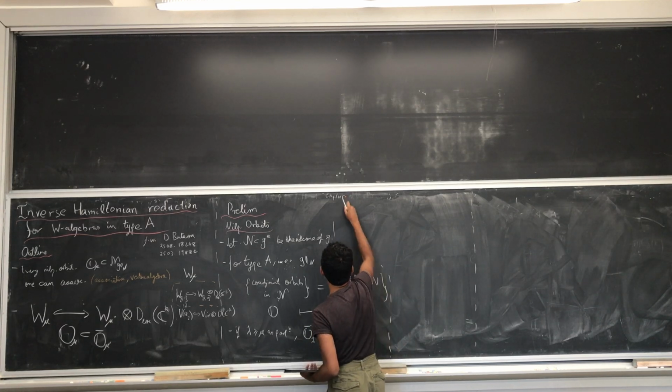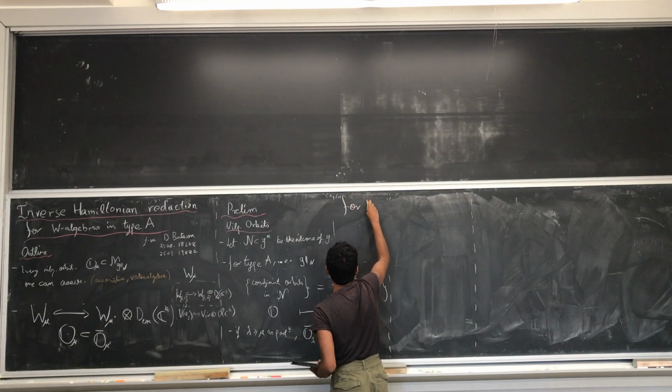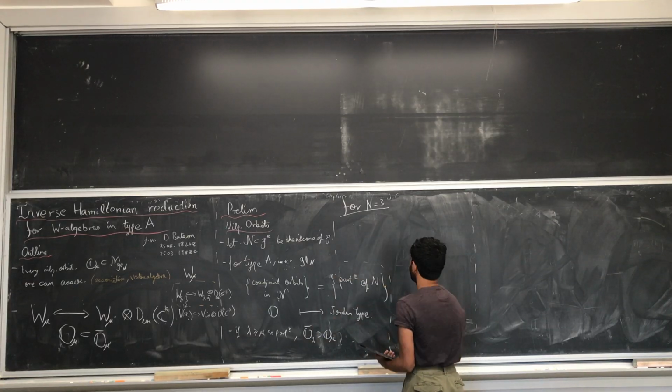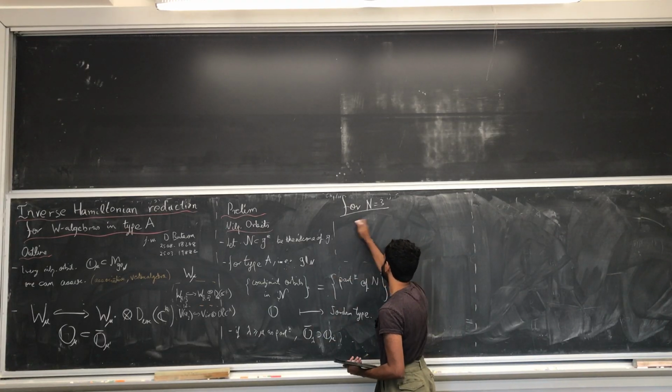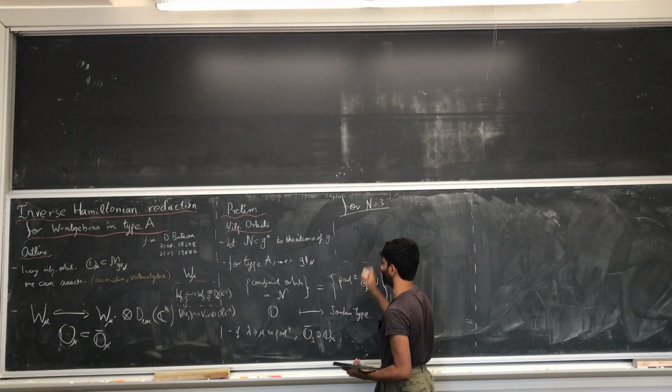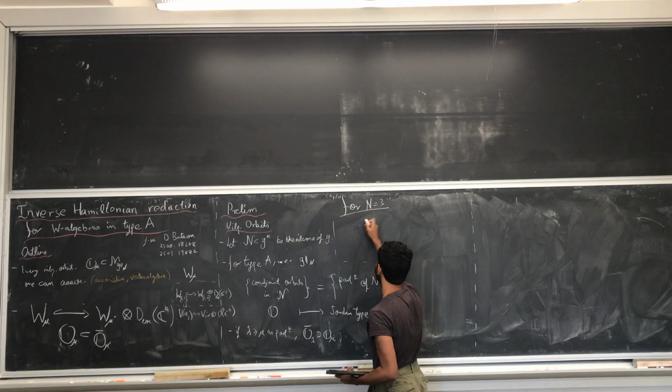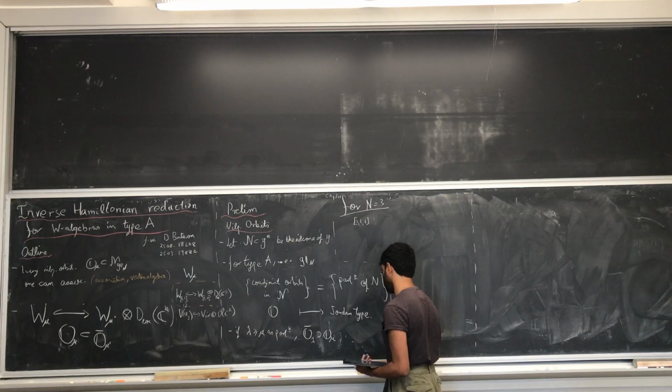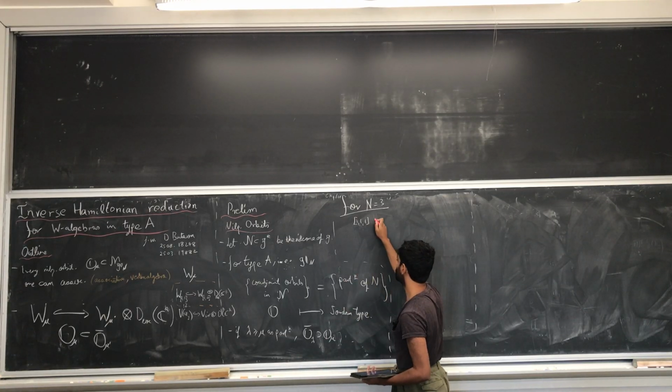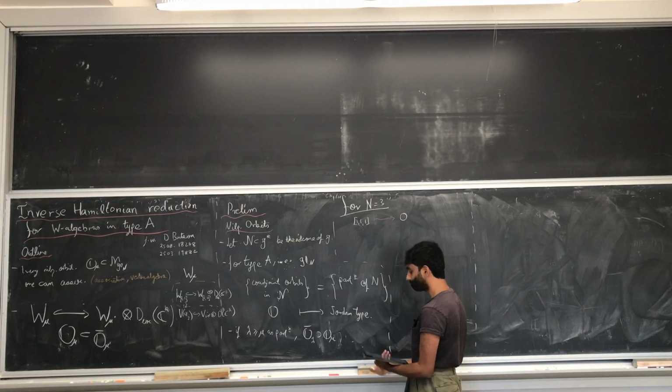So for n equal to 3, you have 3 partitions, going down from top to bottom. You have the trivial partition 1, 1, 1, which corresponds to the trivial orbit, just 0, the trivial nilpotent orbit.